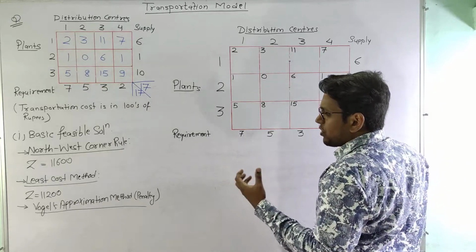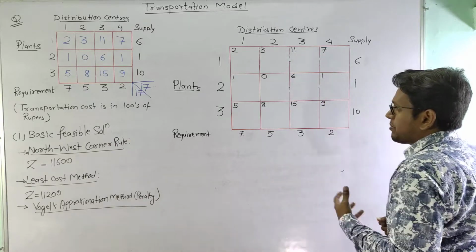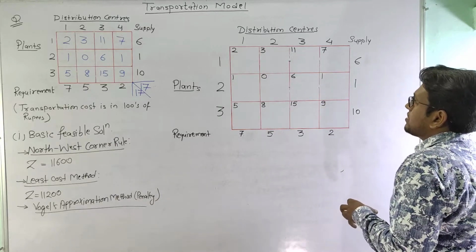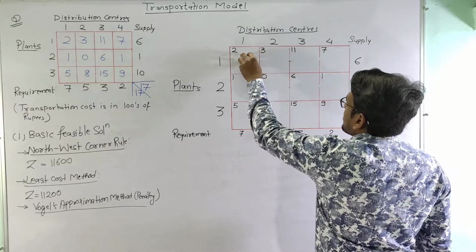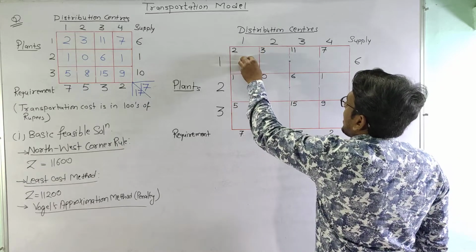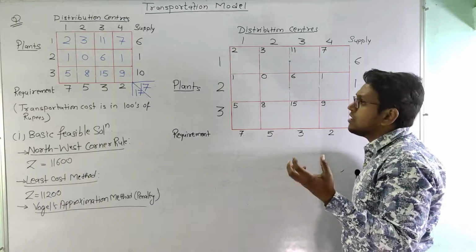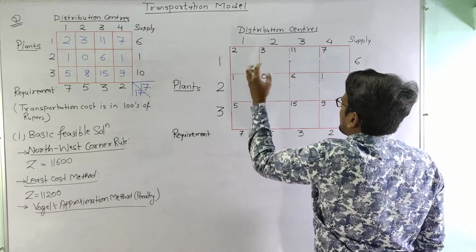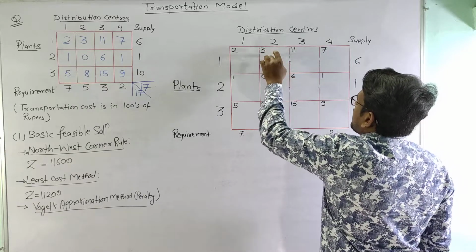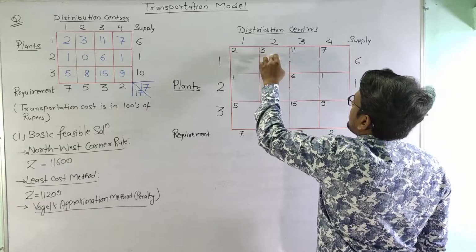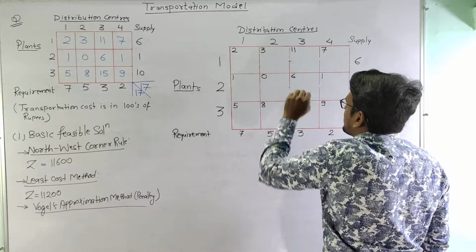So in Vogel's approximation method, or penalty method, what we see is that once allocation has been done to the minimum transportation cost, the remaining allocations have to be allotted to the cell having the second lowest transportation cost.